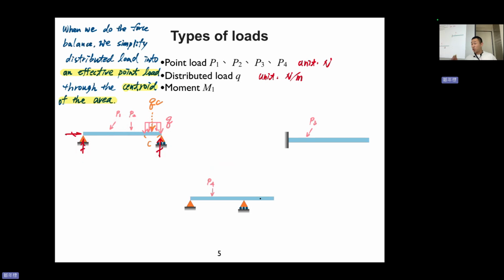So these 5 forces need to be balanced, and also the moment needs to be balanced. So this QC represents the distributed load, acting through the centroid.